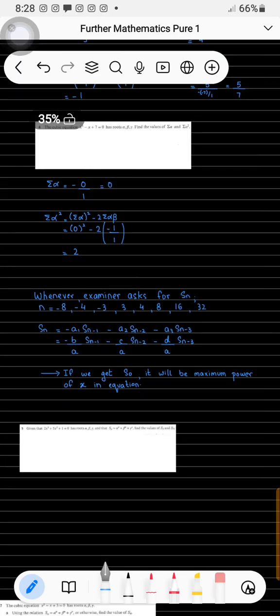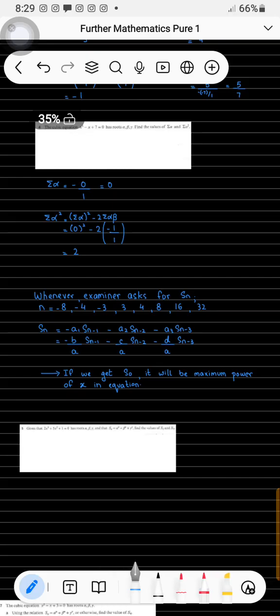For example, if the equation is quadratic, our maximum power of x will be 2, so our S0 will be 2. If the equation is cubic, the maximum power is 3, and so S0 will also be 3.